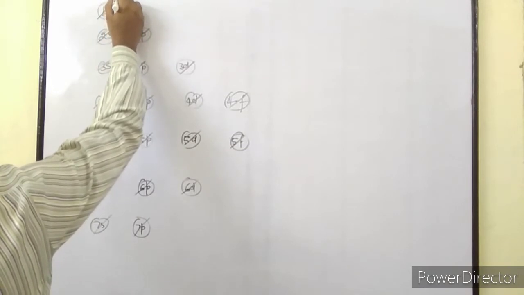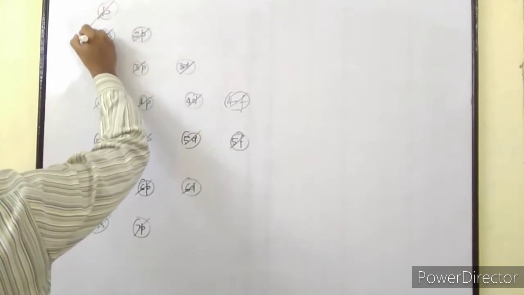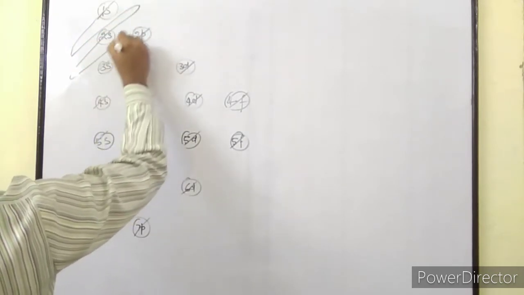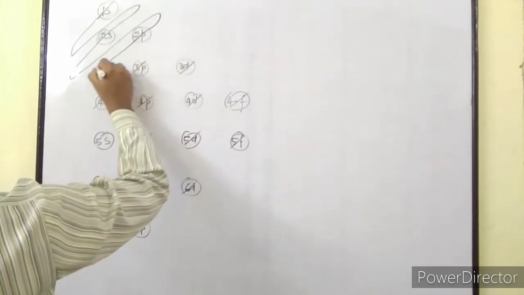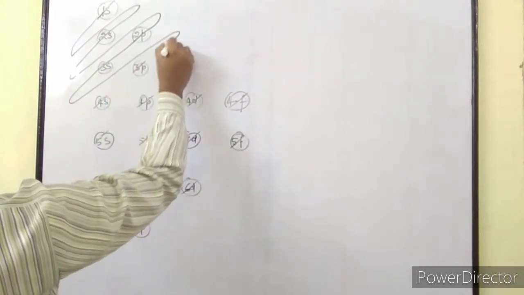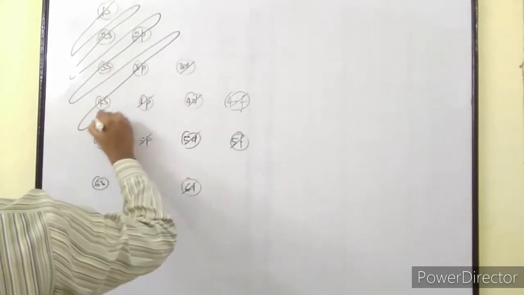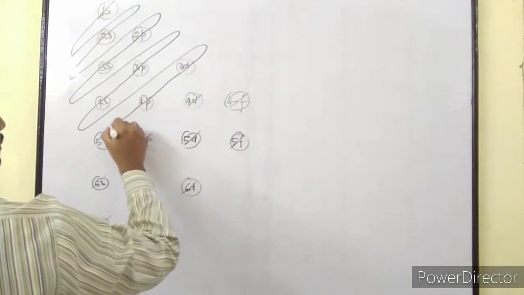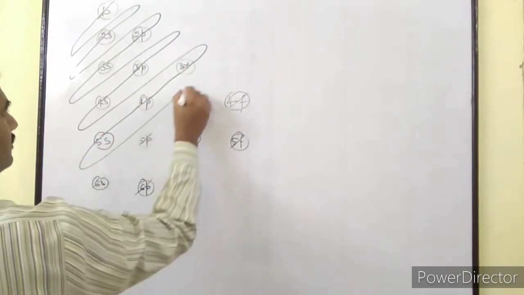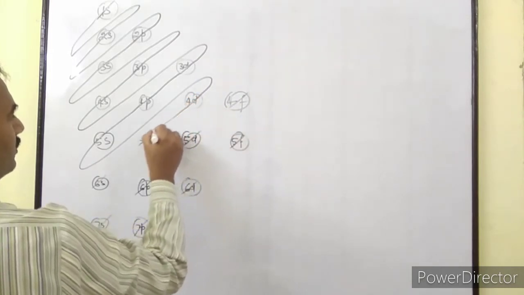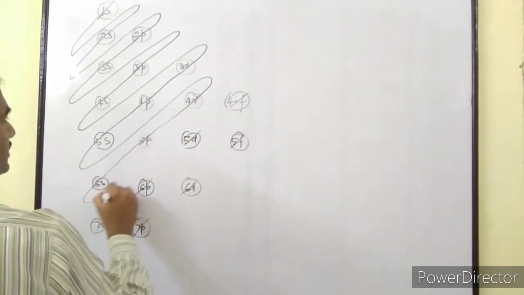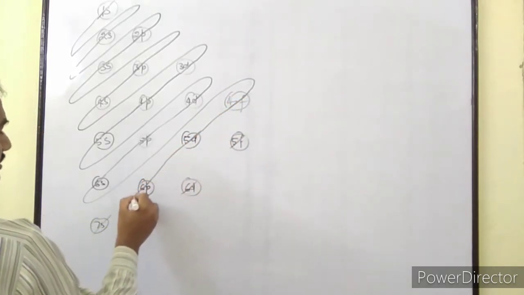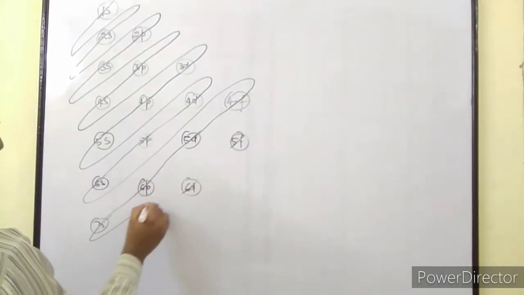Suppose we start from here, 1s, 2s, 2p, 3s, 3p, 4s, 3d, 4p, 5s, 4d, 5p, 6s, 4f, 5d, 6p and 7s.